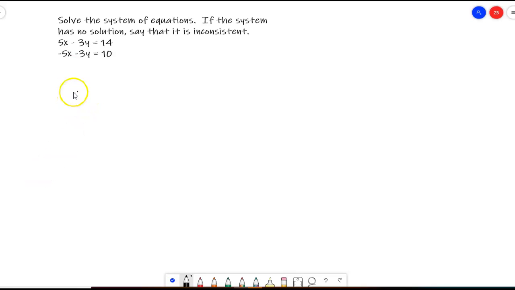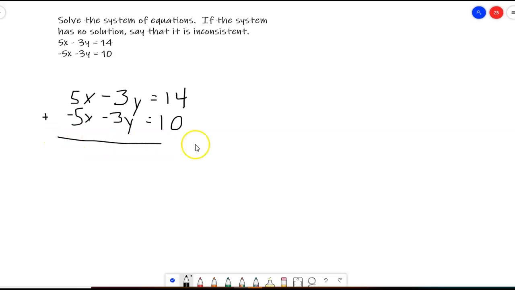But in this case, I just add these two equations together. So 5x minus 3y is equal to 14. I'm going to add that to the second equation, negative 5x minus 3y is equal to 10.